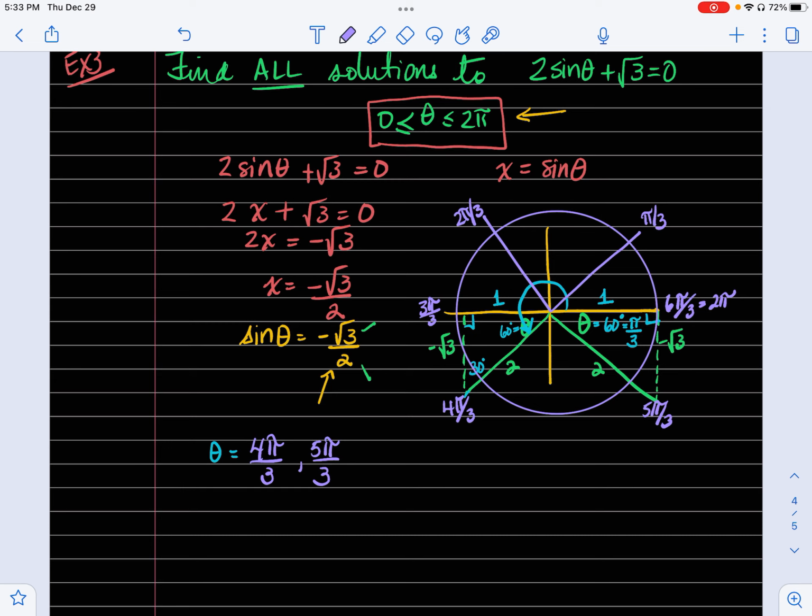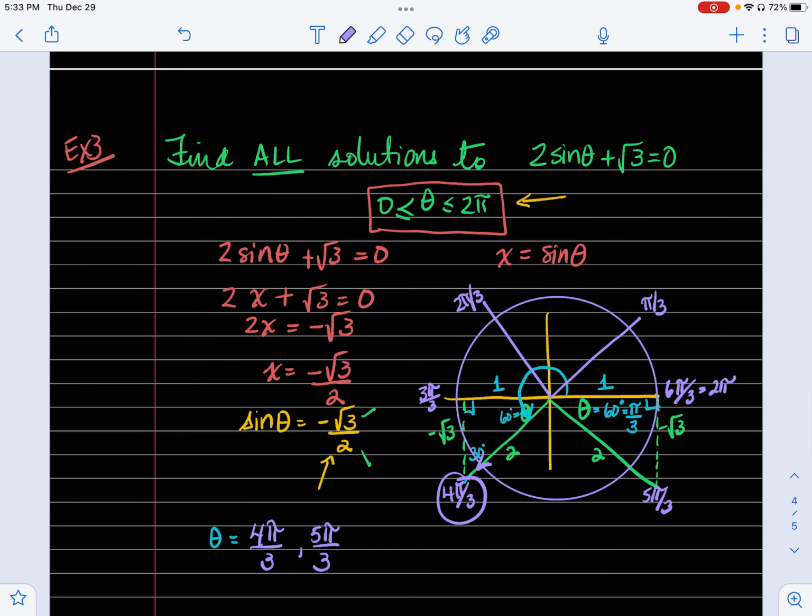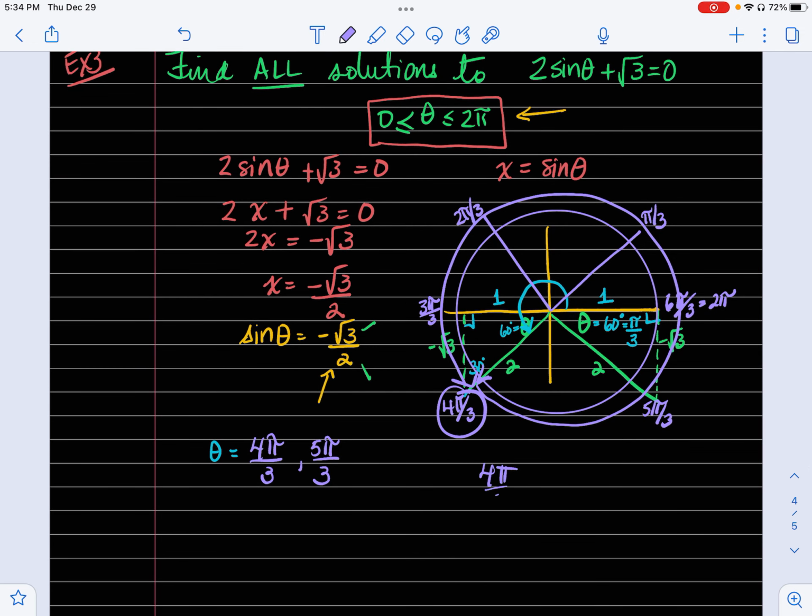So the next answer, if this is the actual angle, the next time we will have the same sine value would be another full rotation from this spot, which will make this 4 pi over 3 plus another 2 pi. That will go over our range of 2 pi.